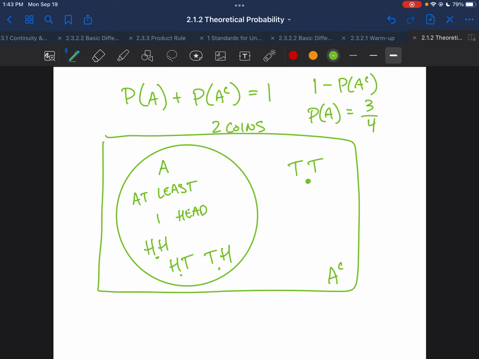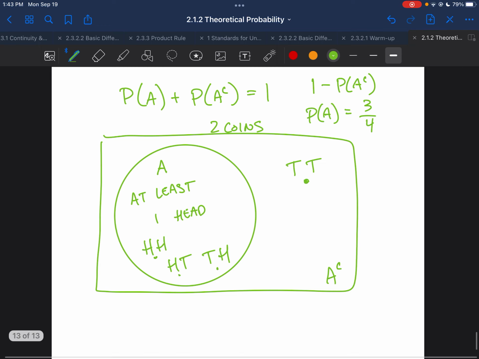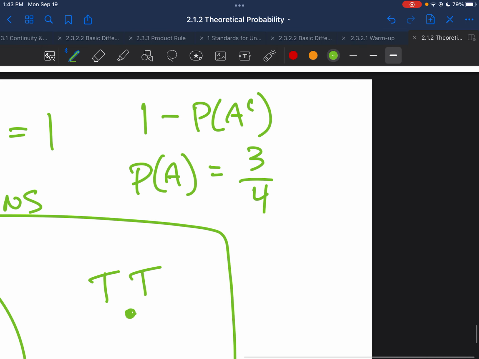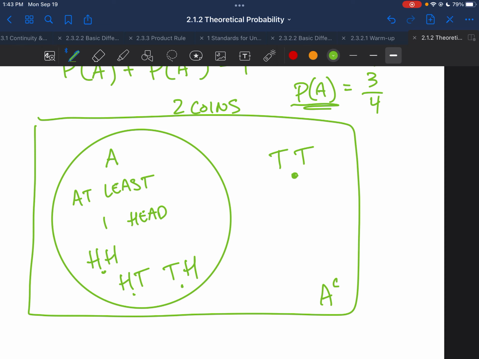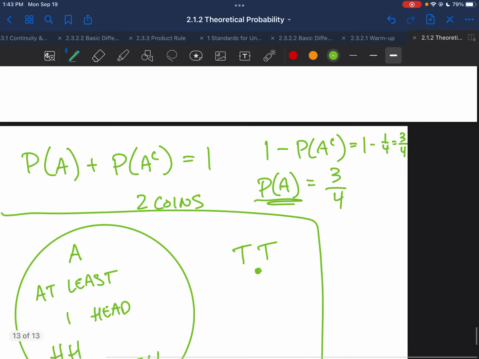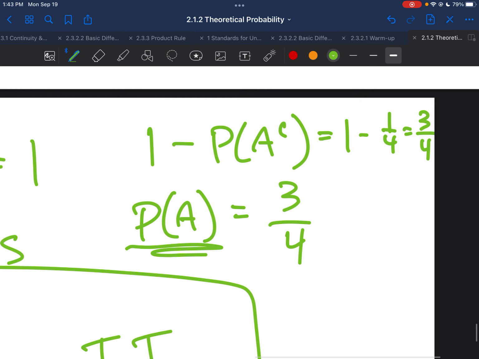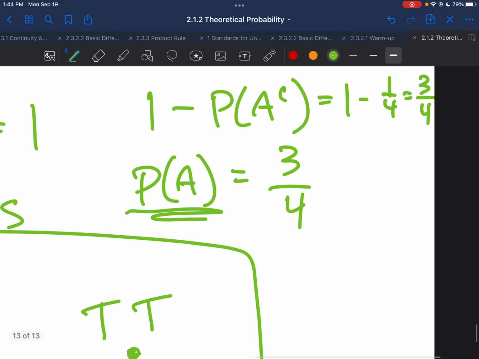So the probability that I get no heads is 1 out of 4. So this becomes 1 minus 1 out of 4, which is still 3 out of 4. So I can find this probability by brute forcing it and doing this all out, or I can find this probability by finding the probability of the complement and then subtracting it from 1.